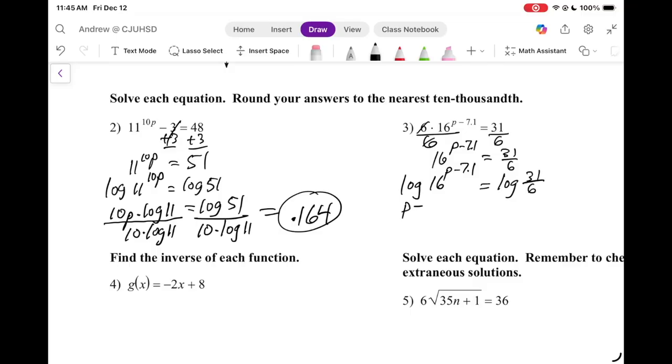I want the calculator to do that, and I want to leave all those decimals in there. Okay, so after this step, I'm going to have to add 7.1. That will isolate the p.